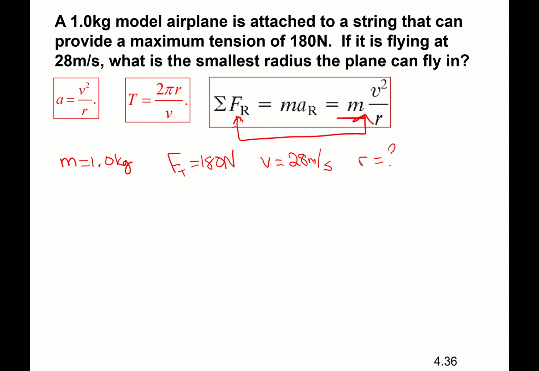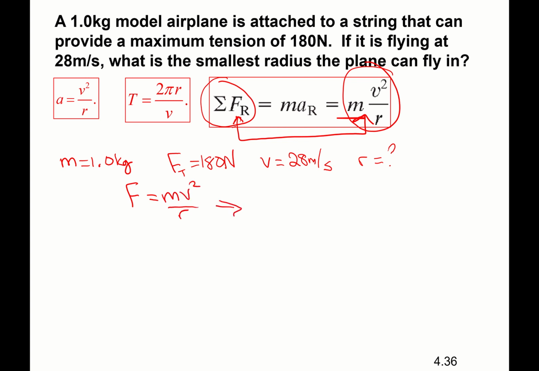Okay, so I've got F, m, and v, and I want r. So I'm going to use the part of the equation that I have marked right here, that F is equal to mv squared over r.